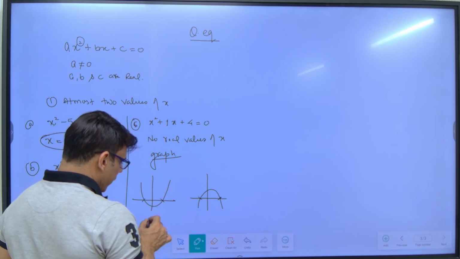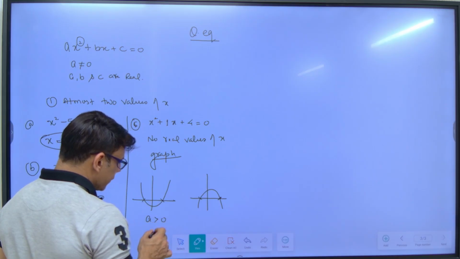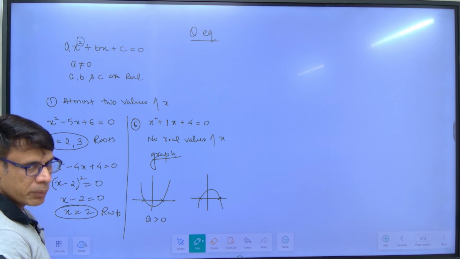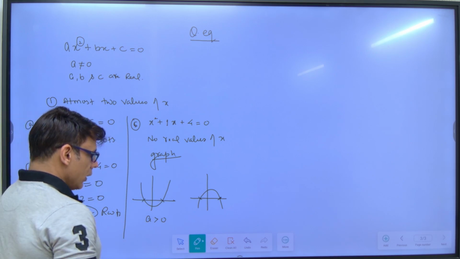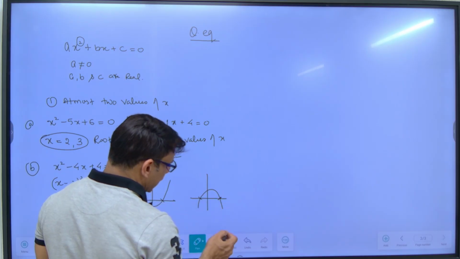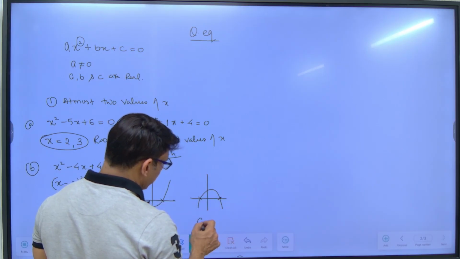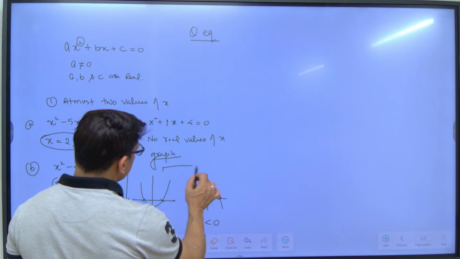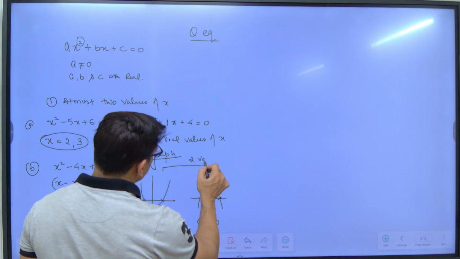It will give you an upward parabola when a is greater than 0, and a downward parabola when a is less than 0, coefficient of x. So in these two cases, you will have two values of x.